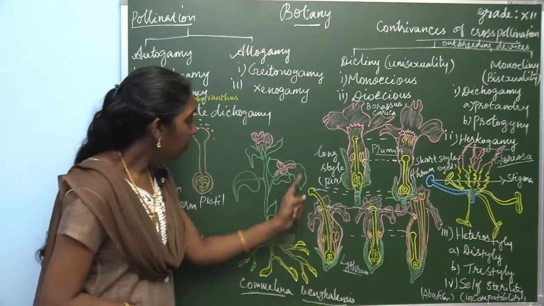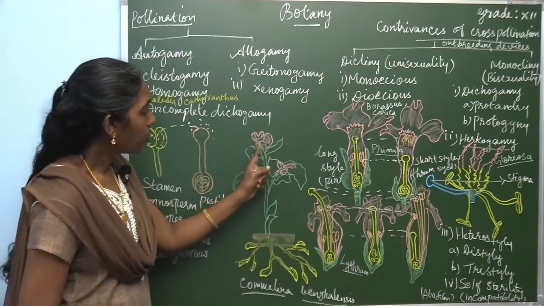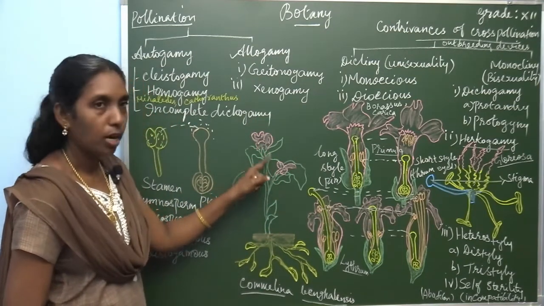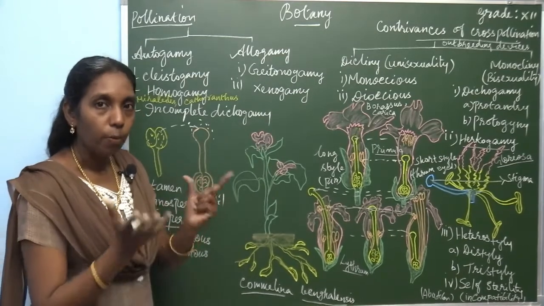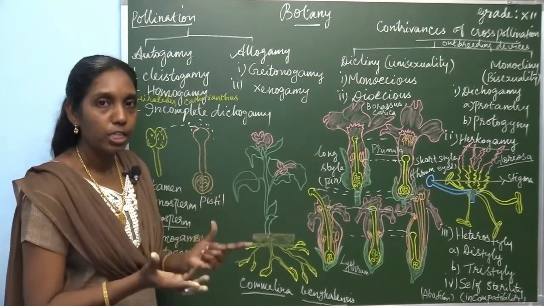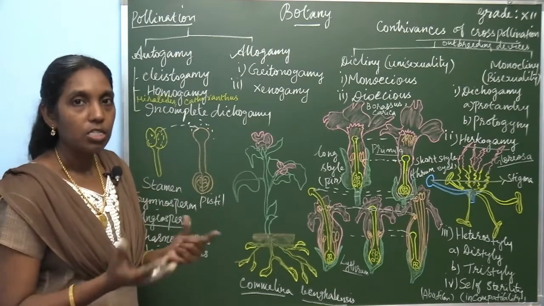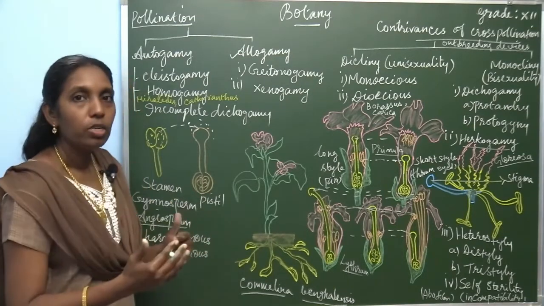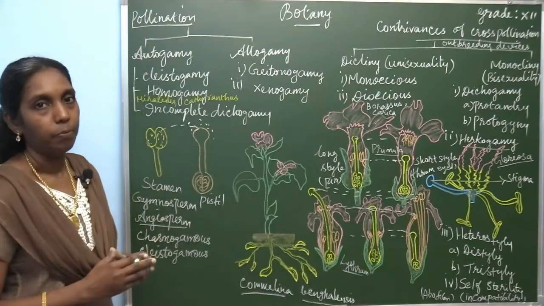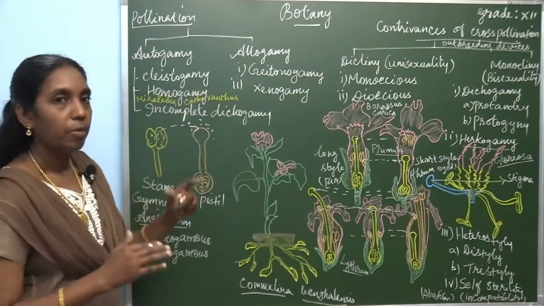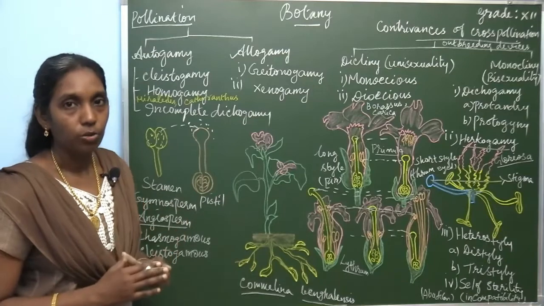The aerial part of the plant produces the chasmogamous flower. The flower is an open flower and the floral parts are exposed out. The essential organs, stamen and pistils, are exposed out to promote self-pollination. Self-pollination mainly occurs in bisexual flowers.